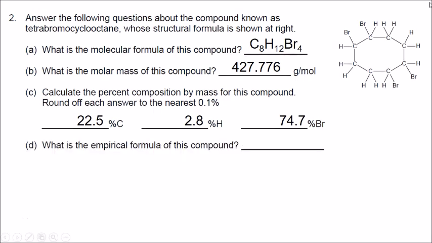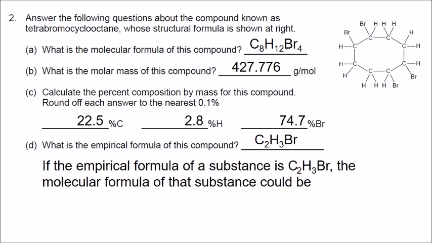The next question, what is the empirical formula of this compound? If we divide each of the subscripts by 4, we get C2H3Br for the empirical formula. If the empirical formula of a substance is C2H3Br, then the molecular formula of that substance could be the same as the empirical formula, or we could multiply by 2 and get C4H6Br2.